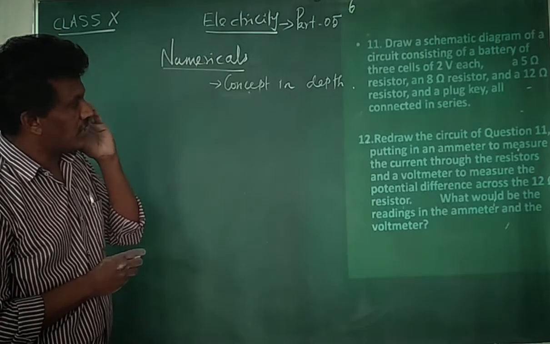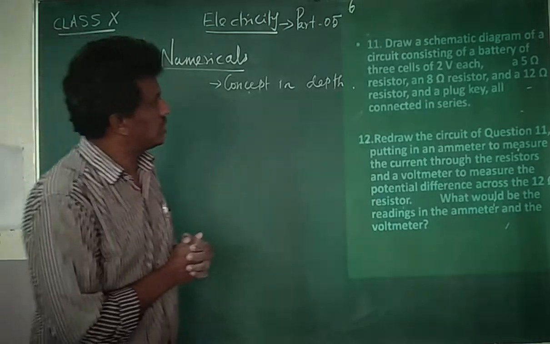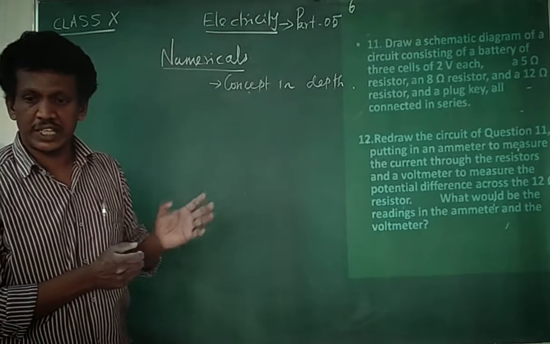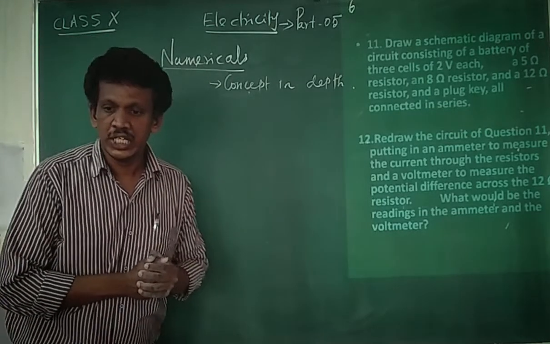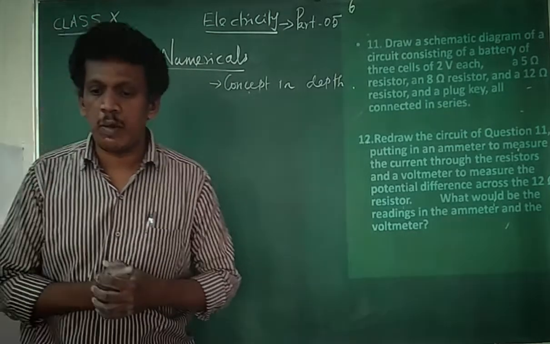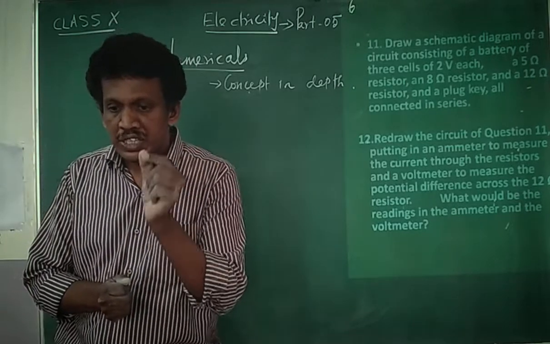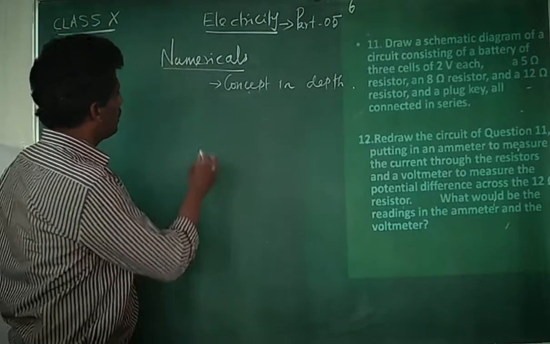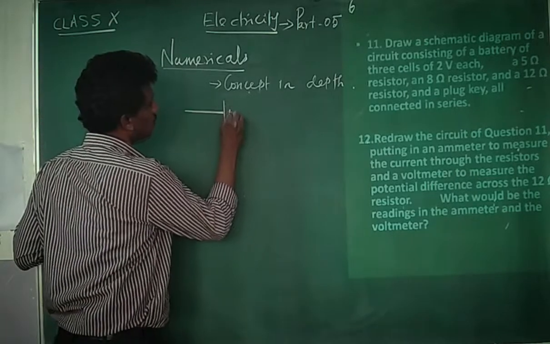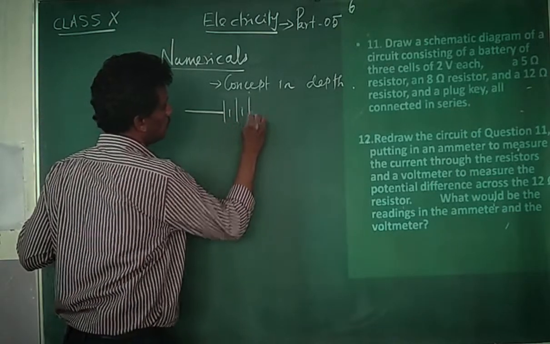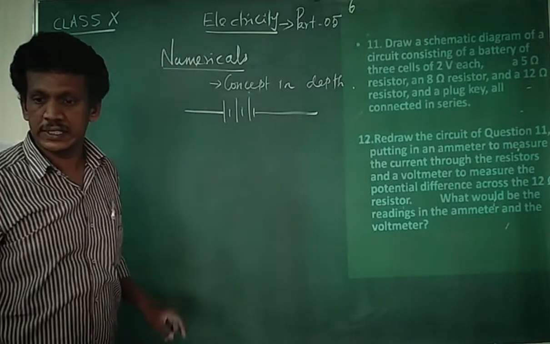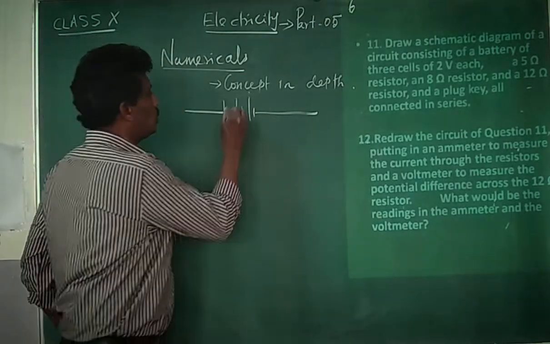I think now we have started with more and more circuit based questions. Yes, these are the textbook questions. Draw a schematic diagram of a circuit consisting of a battery of 3 cells. Battery of 3 cells: 1, 2, 3. How much? 2 volt each.